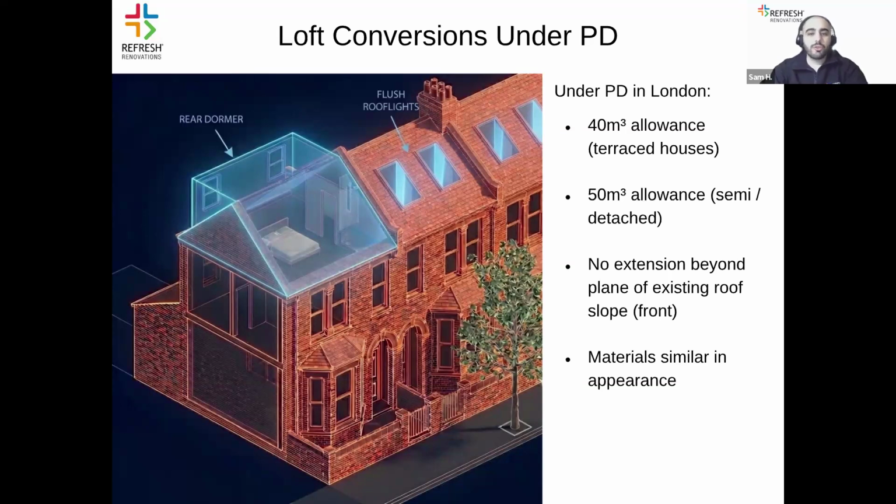And the materials should match the existing roof and building style. So on average, under permitted development, loft conversions can add between 25 to 30% usable space to your home.